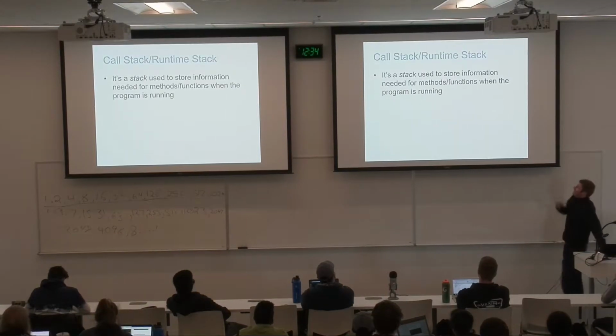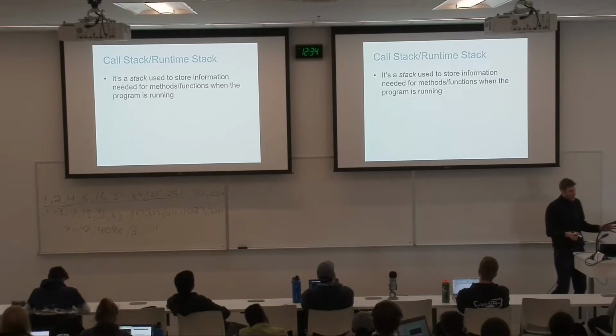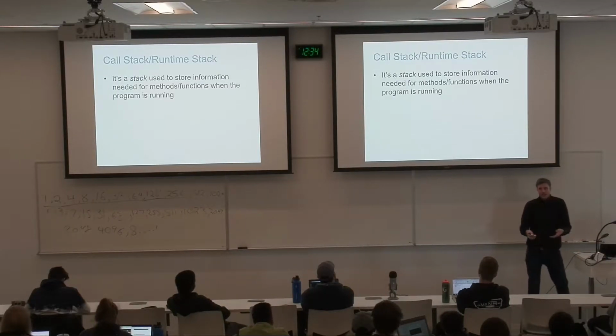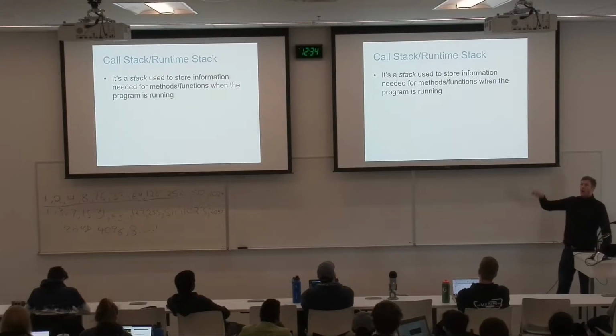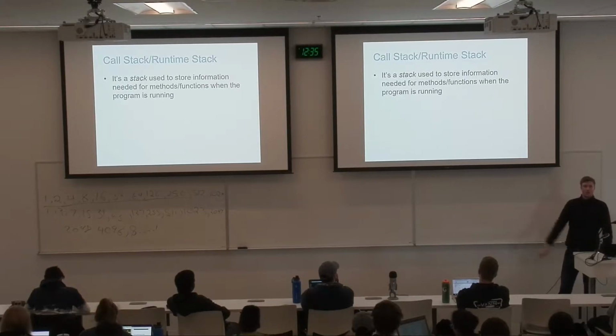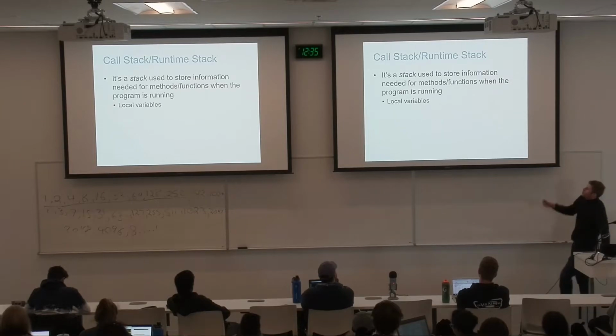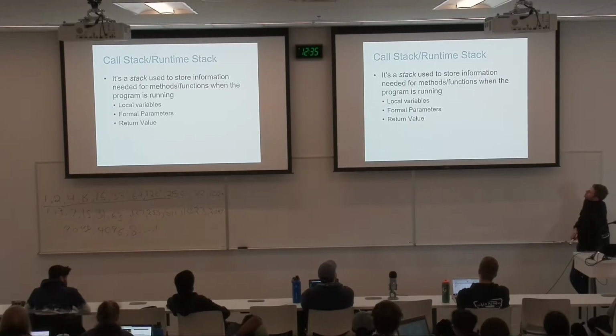It's a stack, and it's used to store information needed for methods and functions when the program's running. This is how a lot of the bookkeeping is going to take place for your program. It stores the local variables, formal parameters, that's like the function parameters, the return value, and the memory address of where to return.